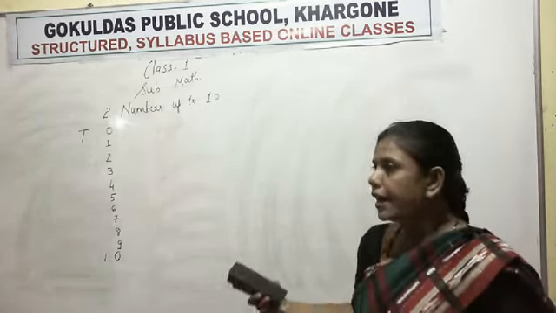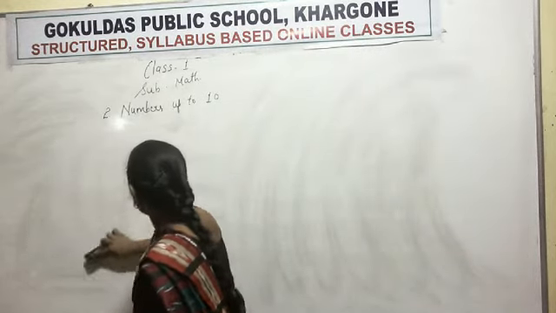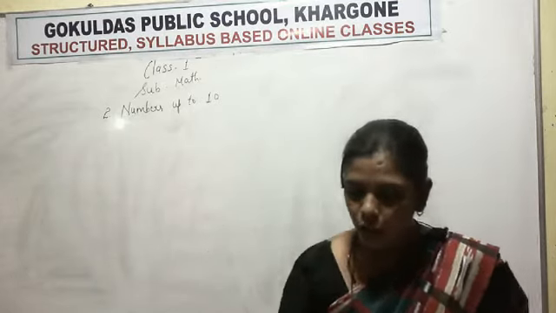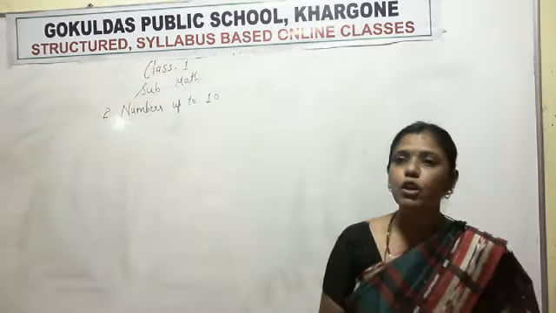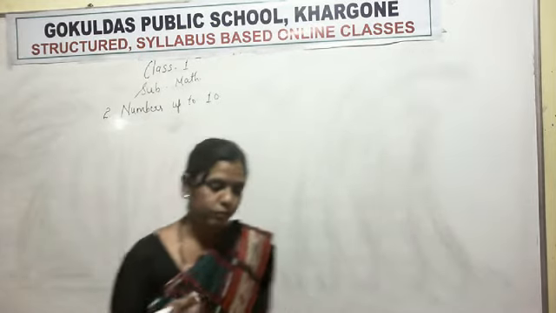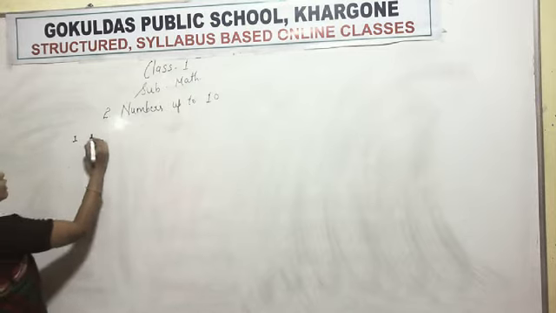Today we will also write the number names. Do you know what a number name is? According to how we read the number, we write the spelling of that number. Repeat after me. What is this?